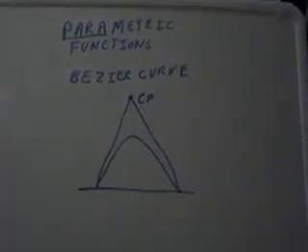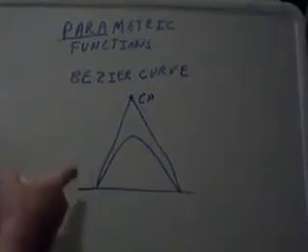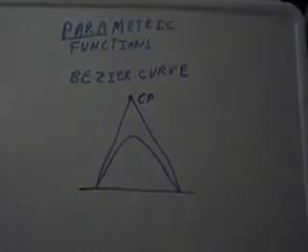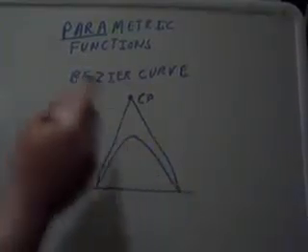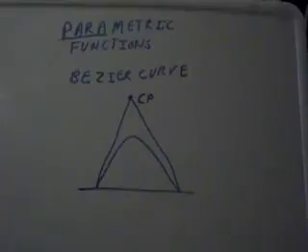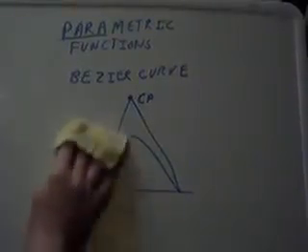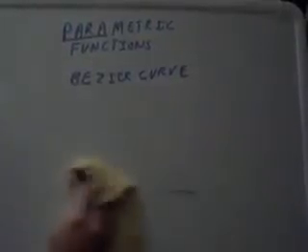Now then, can you have more than one control point for a Bezier curve? Well, yes, because if it's like this, it becomes a quadratic Bezier curve. What if you want a cubic Bezier curve? Well, you might want a cubic Bezier curve.